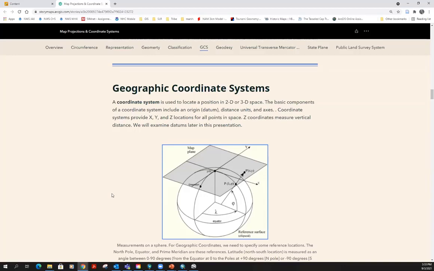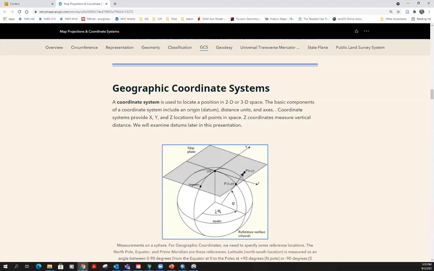We use the equator to measure angles north and south, which are measures of latitude. Then we measure east to west from a primary meridian, the prime meridian, which goes through the Royal Observatory in London, United Kingdom. We measure east to west relative to that semicircle.